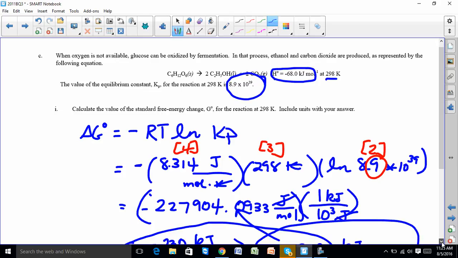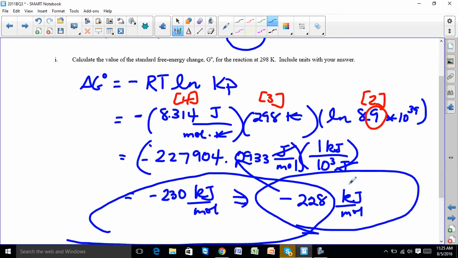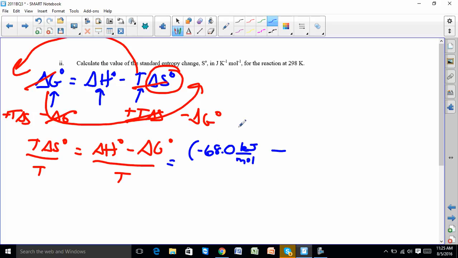I don't care which one you use. It's probably not a bad idea to do this because when you take the test, I'm going to hammer on you: always keep 3 sig figs. Always keep 3 sig figs. It's one less thing to worry about. And so minus negative 228 kilojoules per mole. And remember, you can't add and subtract unless the units are the same.